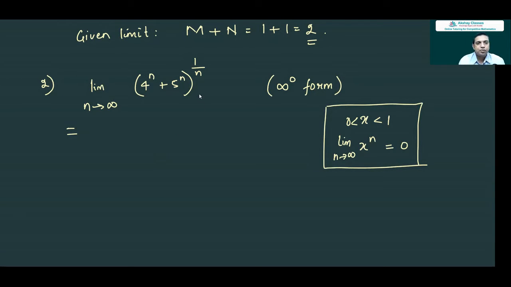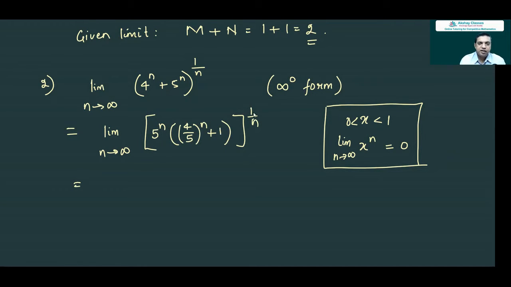For that, we'll take 5 power n outside. So limit n tends to infinity, I will take 5 power n outside of the bracket. So I get 4 upon 5 whole power n plus 1, this whole power 1 upon n.